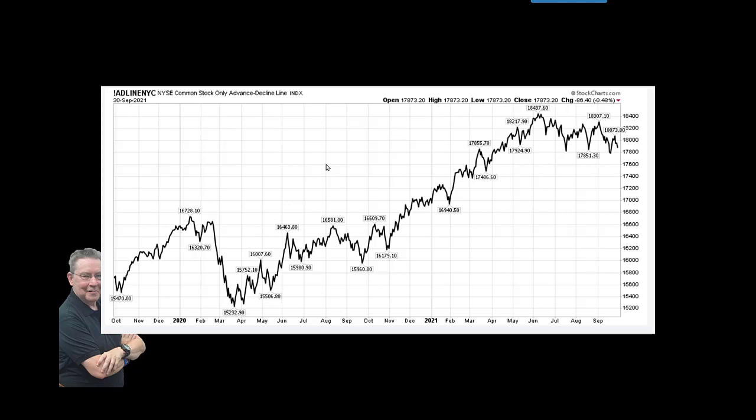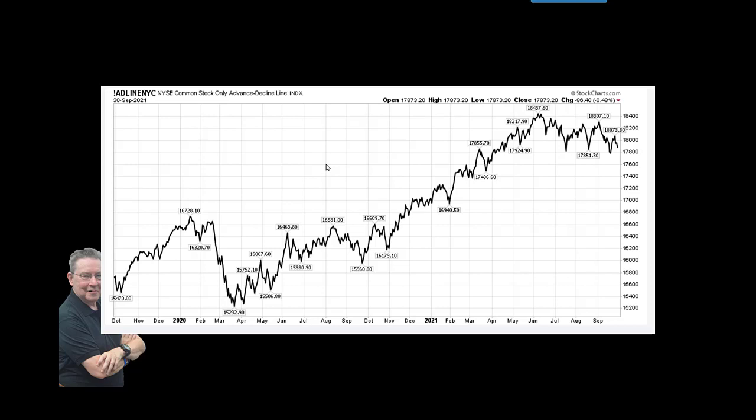This is the advanced decline line of common stocks only: no preferreds, no bonds, no ETFs, just stocks. And the other important thing is it's not weighted by market capitalization.